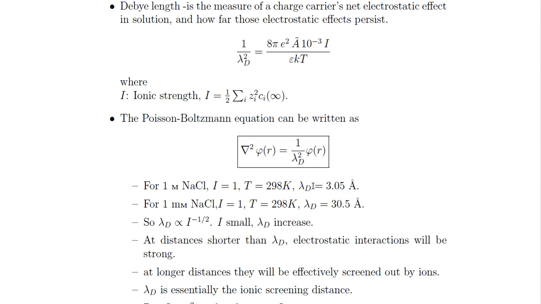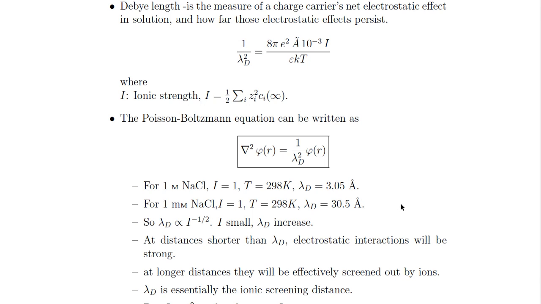So here we can see that for the higher concentration, the other ions will fill in at a short distance, 3.05. For the dilute salt, the Debye length will fill in after 30.5.